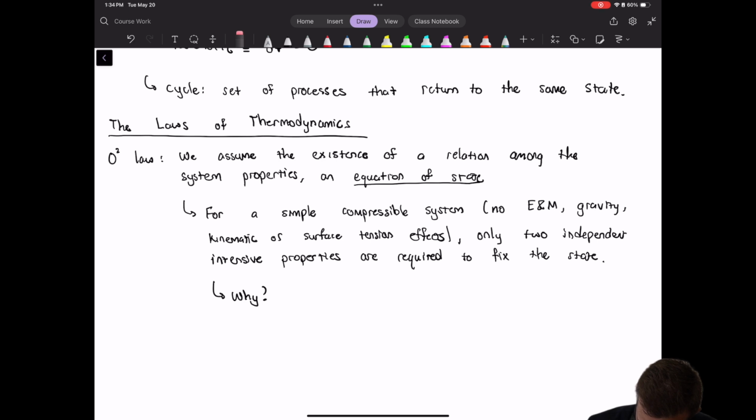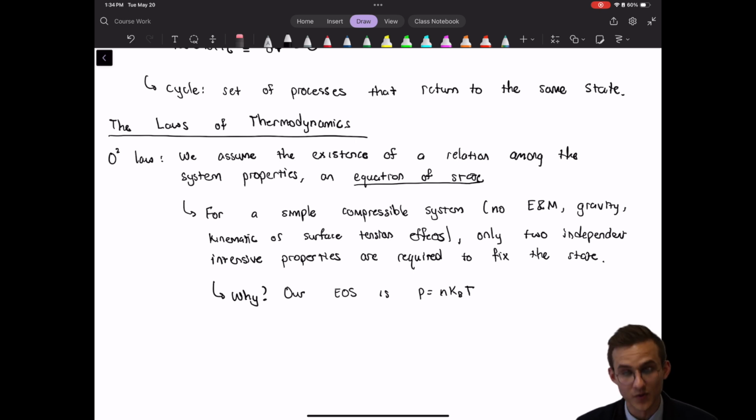Well, our equation of state, I'll denote that EOS, is P equals n k_B T. And that's an equation relating three properties. If you specify n and T, you get the pressure.